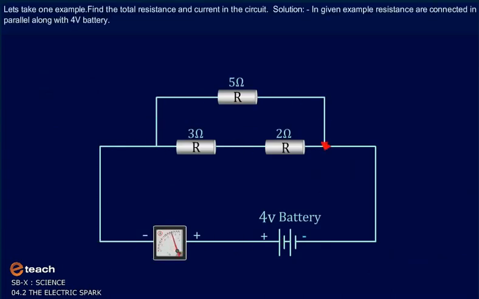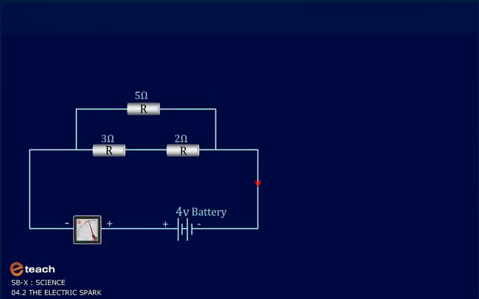Let's take one example. Find the total resistance and current in the circuit. Solution. In given example, resistors are connected in parallel along with 4V battery. The three resistors are 5, 3 and 2 ohms.